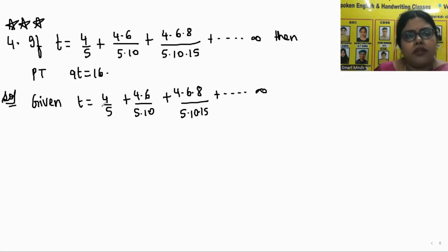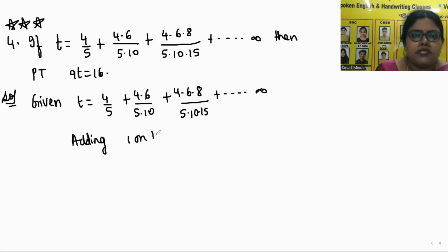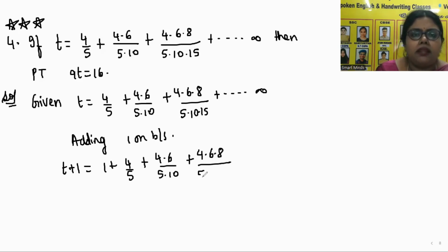So over here you can see 1 is missing here. So we add 1 on both sides. So adding 1 on both sides, you will get t plus 1 is equal to 1 plus 4 by 5 plus 4 into 6 by 5 into 10 plus 4 into 6 into 8 by 5 into 10 into 15 plus so on up to infinity.